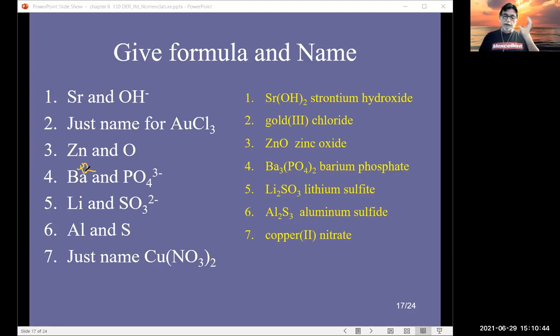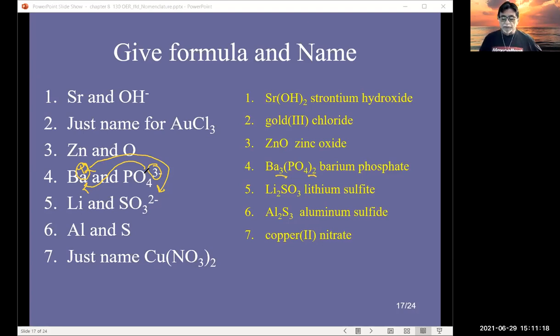So the formula is given there in number 4. We got Ba3 right here, and parentheses because we need 2 phosphates. Again, think about it. The charge of the anion became the subscript of the cation, and vice versa for the subscript of the anion.